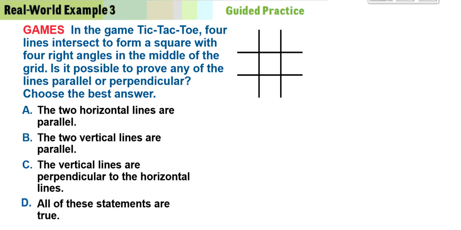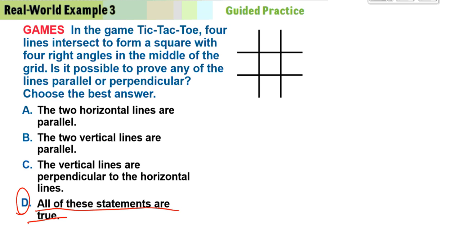Well, yes, but that doesn't give us everything. The 2 vertical lines are parallel? Yes, but that doesn't give us everything. The vertical lines are perpendicular to the horizontal lines. That's also true. And then look at D: all of these statements are true. And so the answer for that one is D, all of these answers are true.